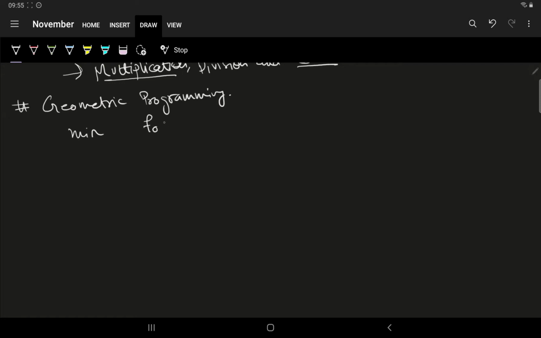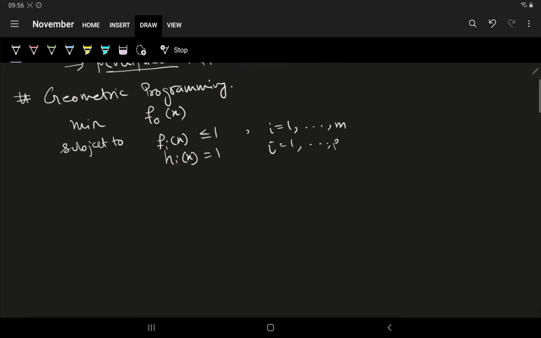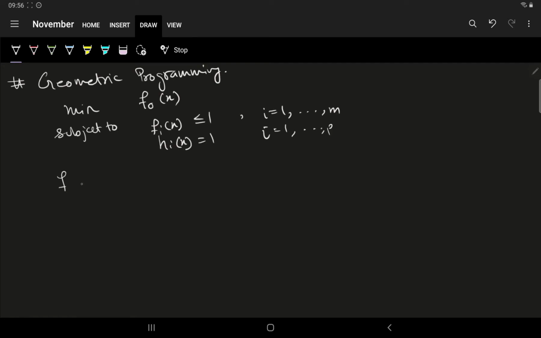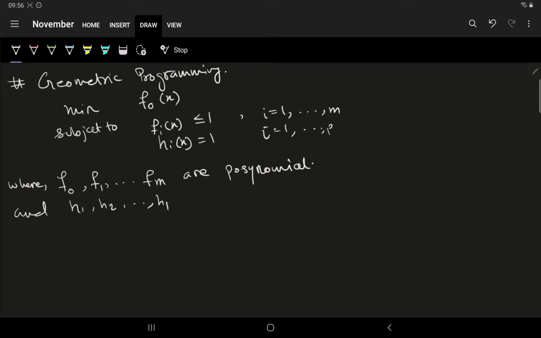Here we have to minimize the objective function f naught of x subject to fi of x less than or equal to 1 and hi of x equal to 1, for i equal to 1 to 2. Here f0, f1, fm are polynomial and h1, h2, hp are monomials. This is called a geometric program, GP.